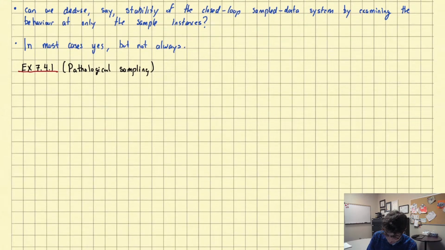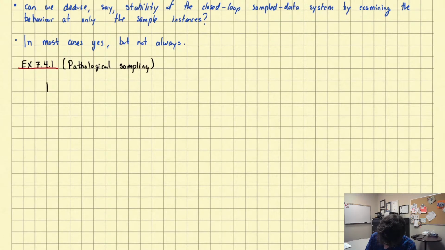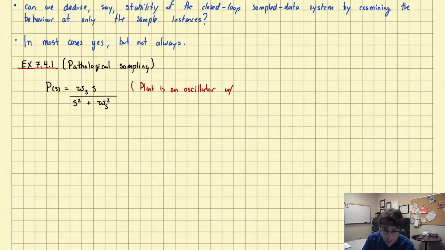So suppose you have a plant whose transfer function looks like this. Okay, I'm using omega s because that's eventually going to be the sampling frequency. So this is a plant which is an oscillator with natural frequency omega s.